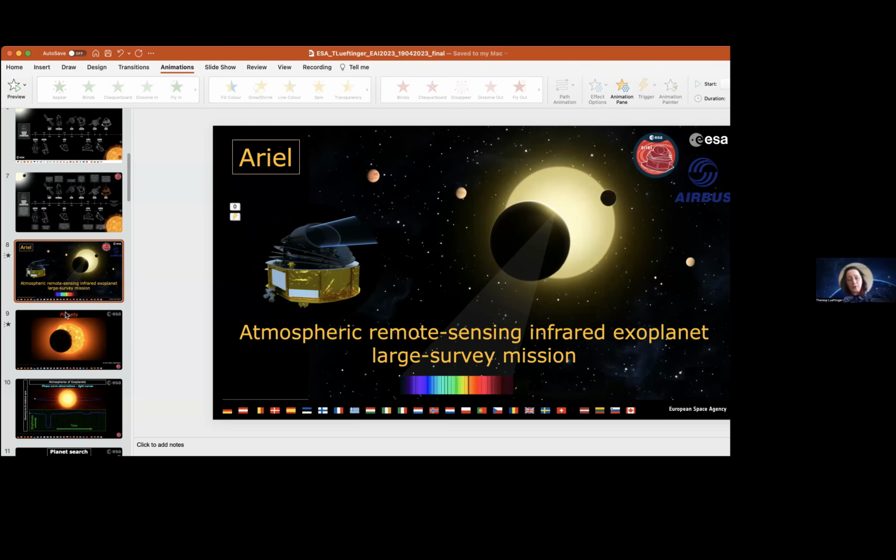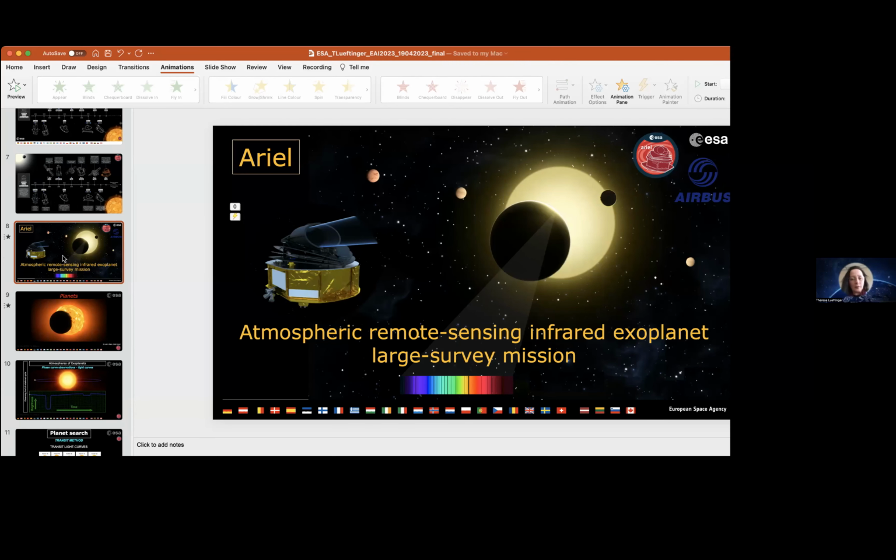But before going into details of Ariel, let me drive you a bit through the different methods we are going to apply with this telescope, and also detection methods for exoplanets, which not everybody might have heard of yet.